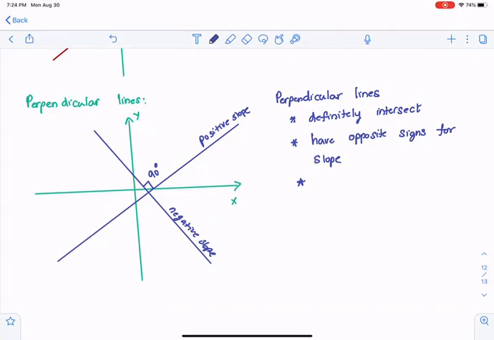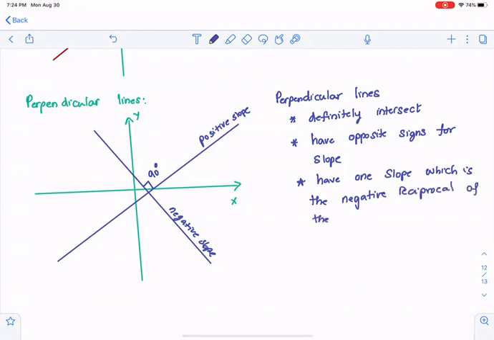So perpendicular lines: one slope is the negative reciprocal of the other slope. Of course, the signs differ because if one is positive, the other is negative. So one slope is the negative reciprocal of the other slope.